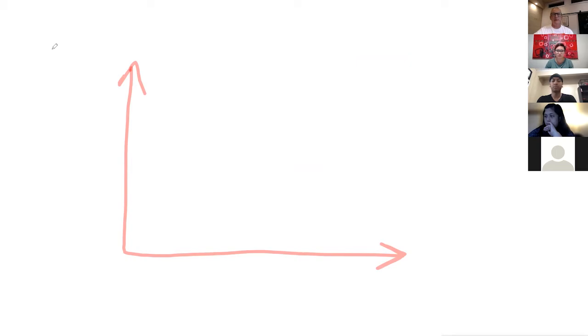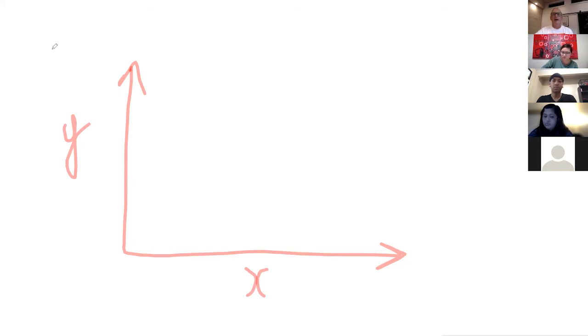Which one is the x-axis and which one is the y-axis? Couldn't hear you, sorry. Which one is the x, which one is the y? Y is vertical, x is horizontal. That's right, excellent. So this is our y-axis over here, and this is our x-axis here.